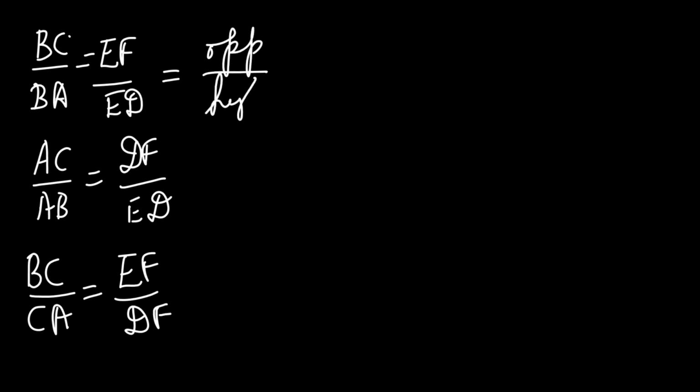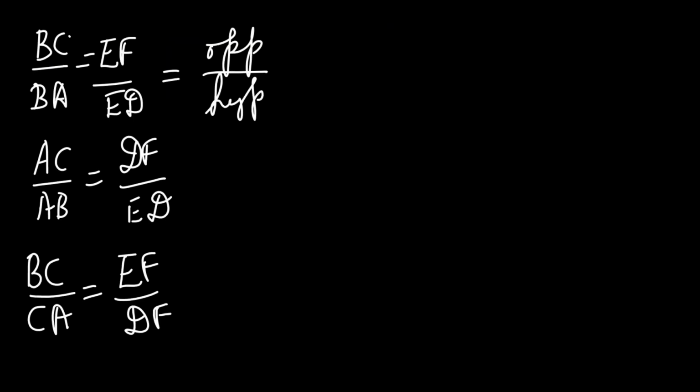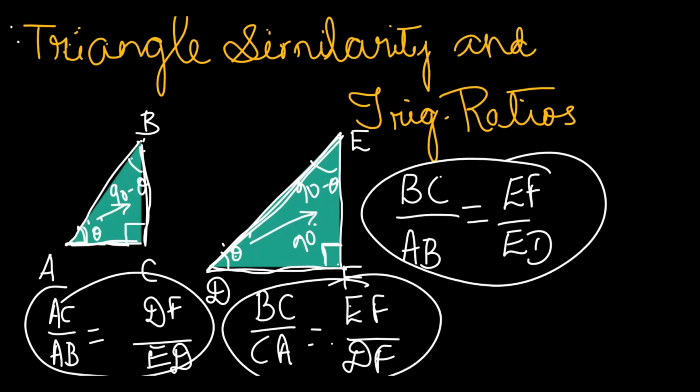The same thing will happen in the other triangle, that is EF by ED, that is opposite to theta and the hypotenuse of this triangle. So this condition is satisfied here as well. Next, AC by AB, that is adjacent to theta and hypotenuse. Same way, DF by DE, the adjacent side DF and the hypotenuse DE.